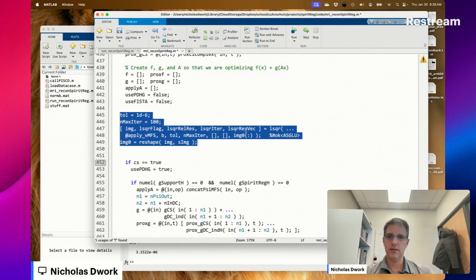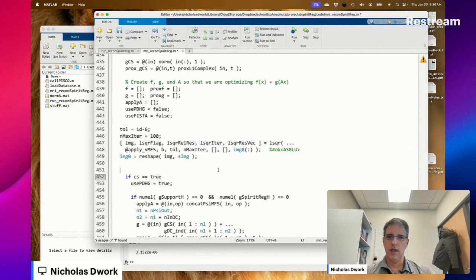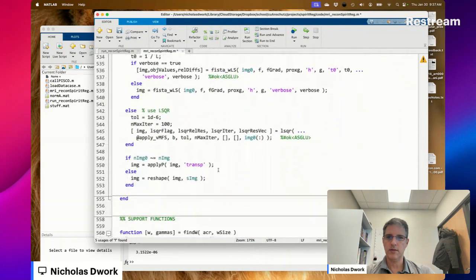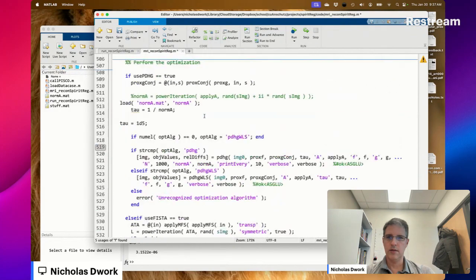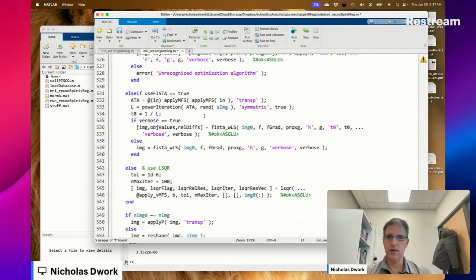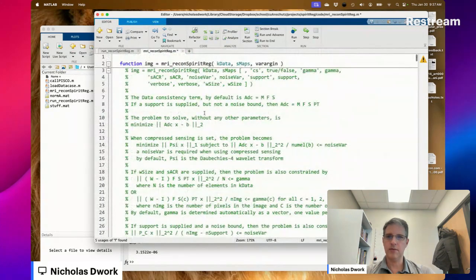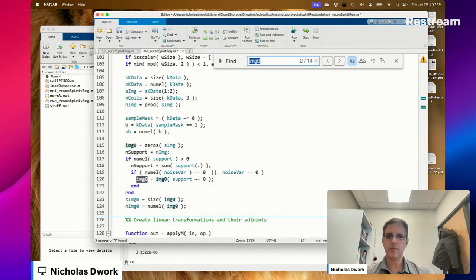So what to do? What was image 0 before I did that warm starting thing? Just zeros. Oh, I see.